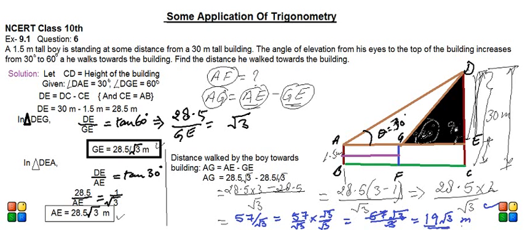So the answer is 19 root 3 meters the person walked towards the building. This is how we got the final answer: 19 root 3 meters.